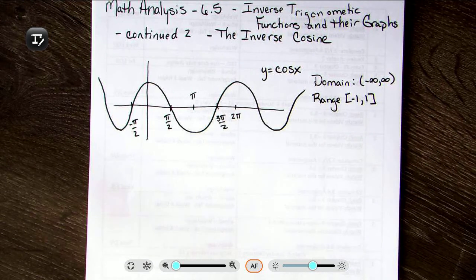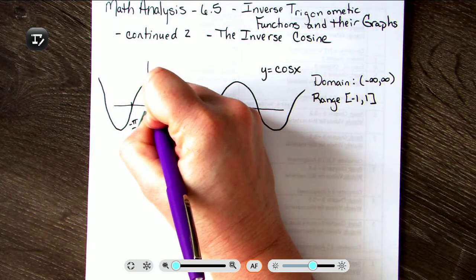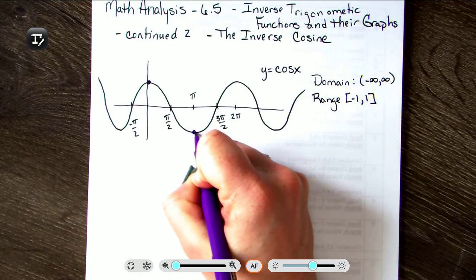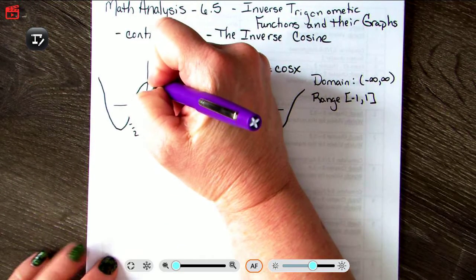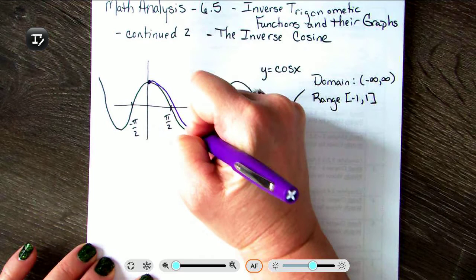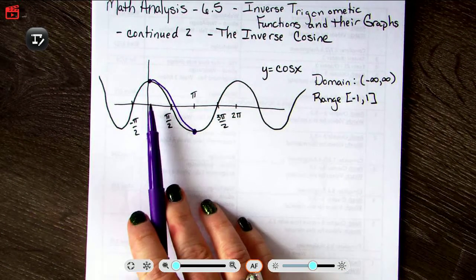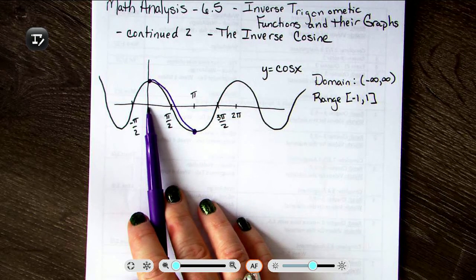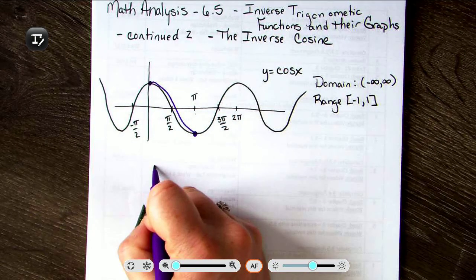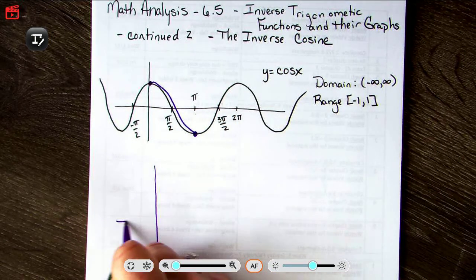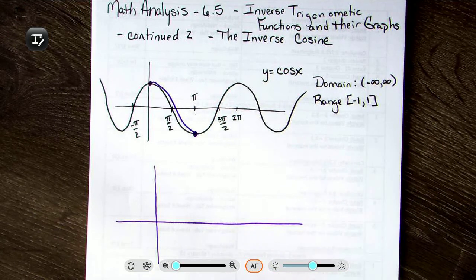So we want to make sure to cover everything from negative 1 to 1. And where they've chosen is this region right here. So we're going to restrict looking to just 0 to pi. So if you're thinking about where your angles are, we're just looking in that first or second quadrant.